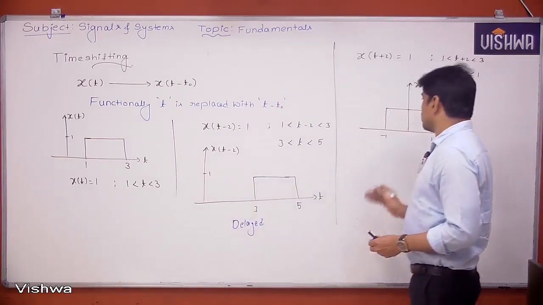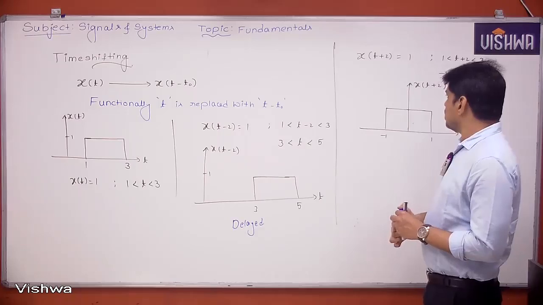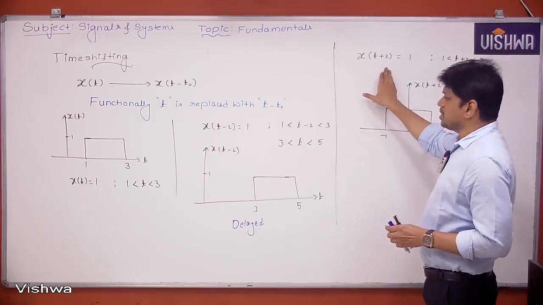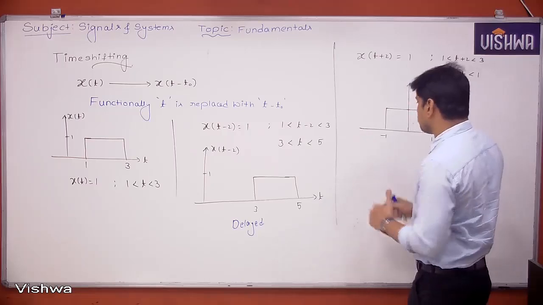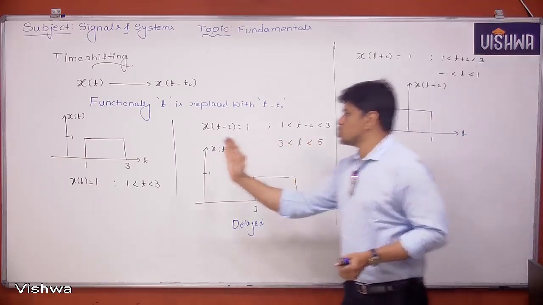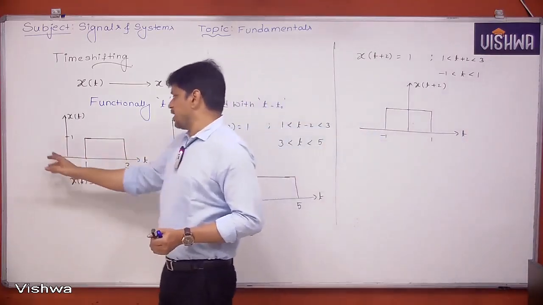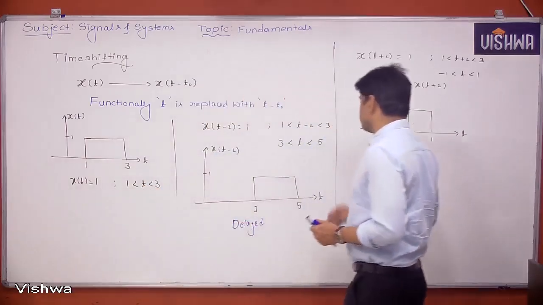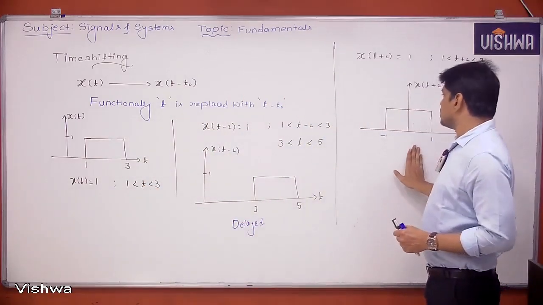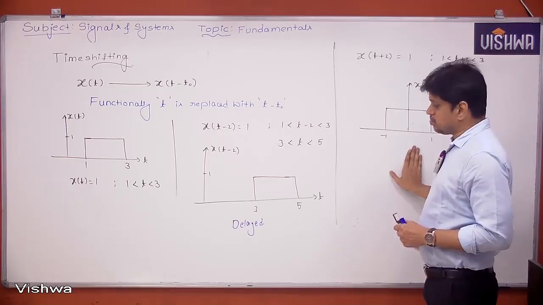Okay. Next, coming to this one. Here x of t plus 2, that means t is replaced with t plus 2. The signal is shifted leftwards by 2 units. That means 1 goes 2 units leftwards to minus 1, and 3 goes to 1 finally. So this is what is happening. Can I say this is nothing but an advanced version? Why?